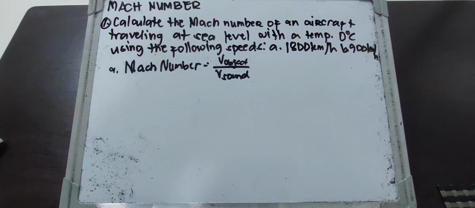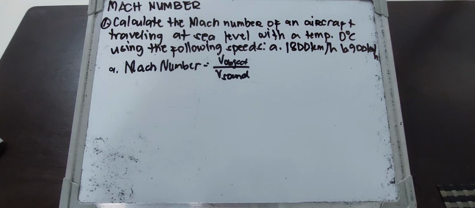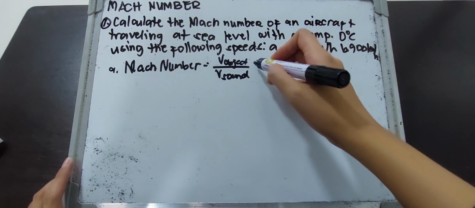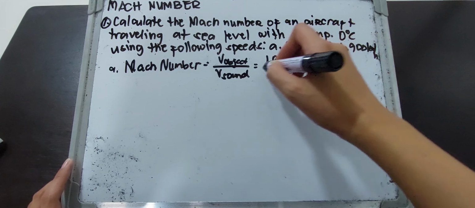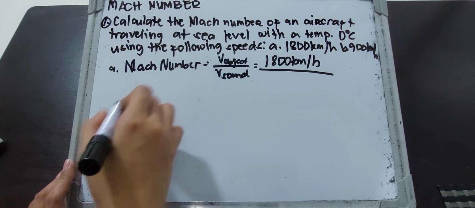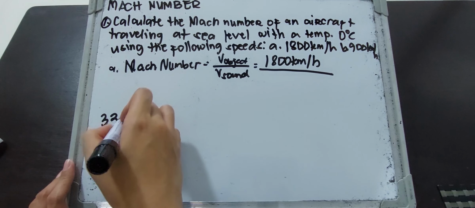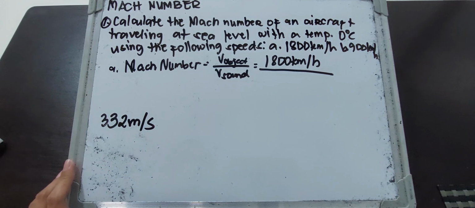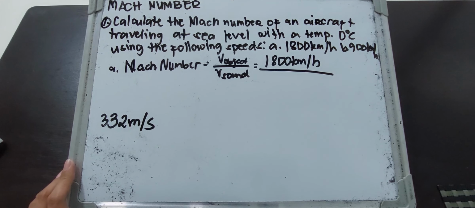And since in Physics 1 we will only consider sea level, that is all you need. So, the speed of the object is 1,800 kilometers per hour. And the speed of sound, we all know that at 0 degrees Celsius at a constant pressure is 332 meters per second. Again, this was mentioned in the separate recorded discussion.